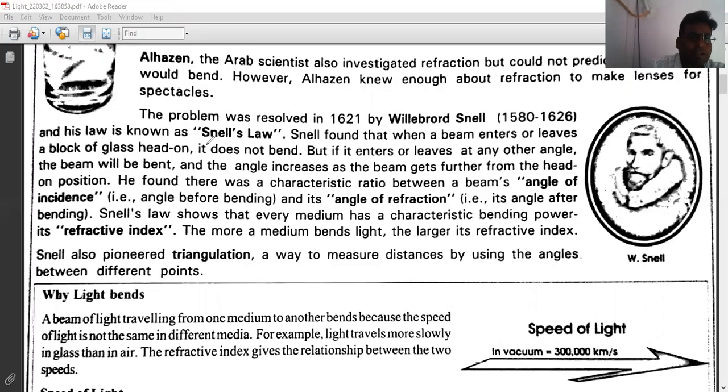Look at the next point then. Alhazen, a scientist who investigated the refraction of light, could not predict how far light would bend. However, Alhazen knew enough about refraction to make lenses for spectacles.